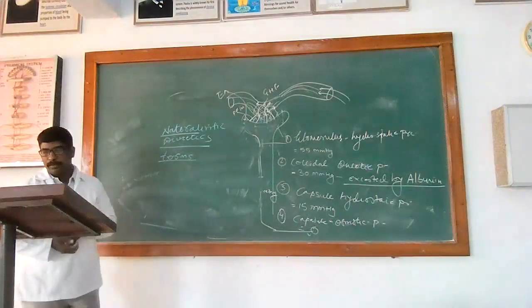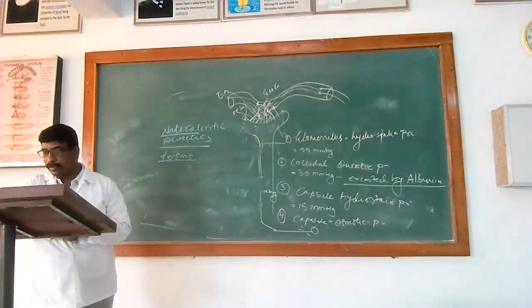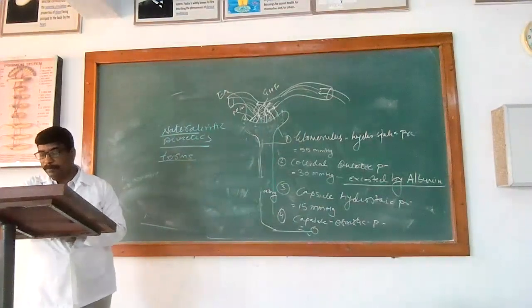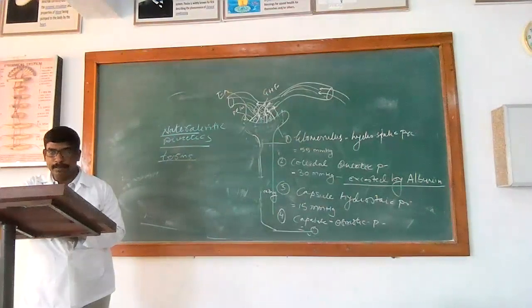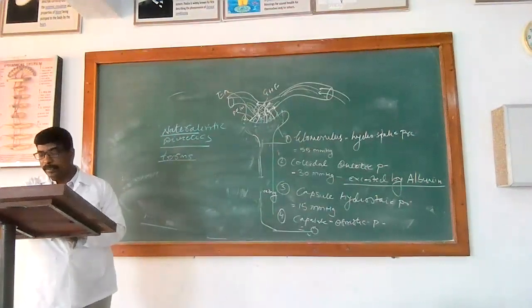Right. So natriuretics increase sodium output in the urine. We can also use the terminology increased loss of sodium into the urine, that is called natriuretics. And diuretics.